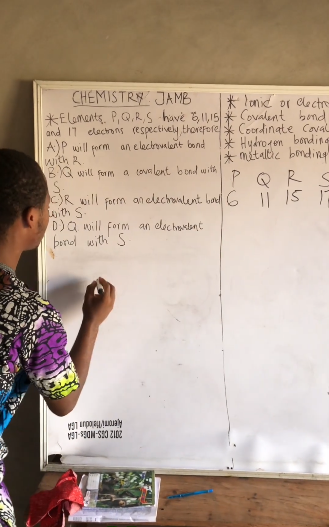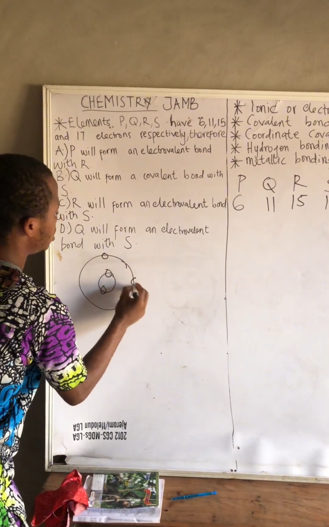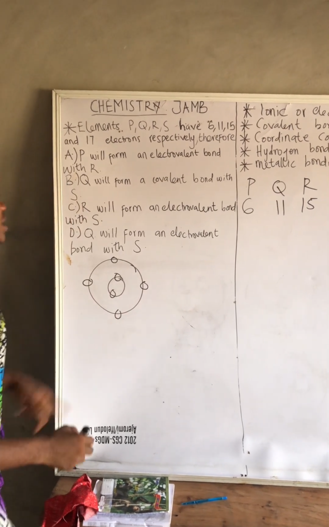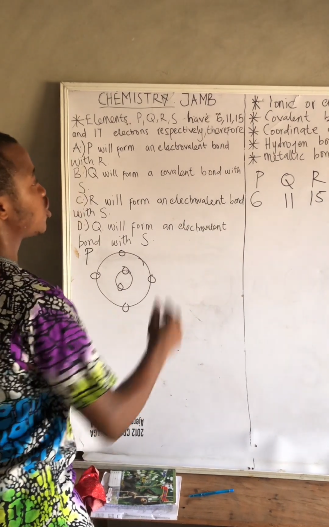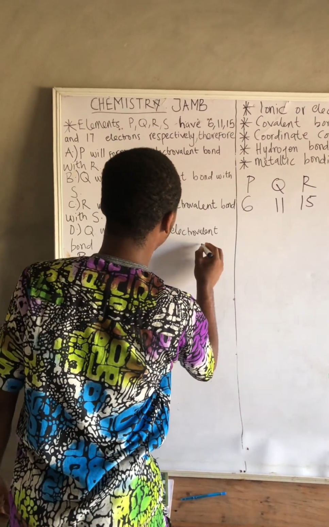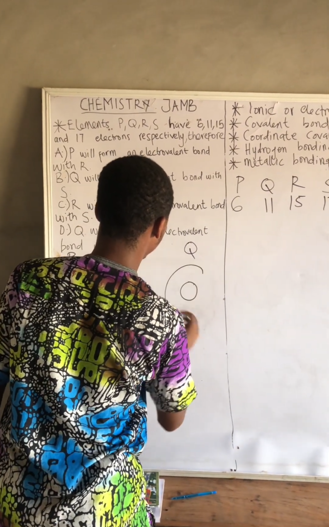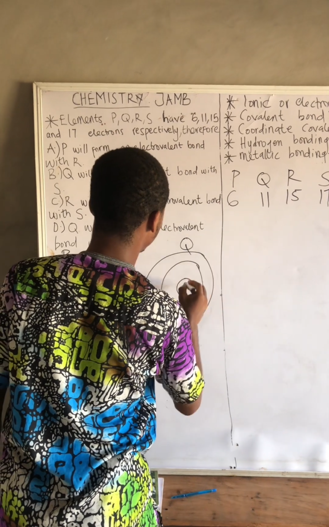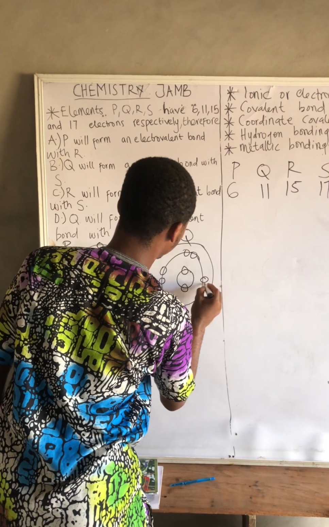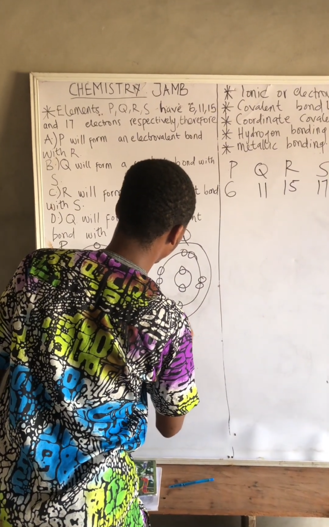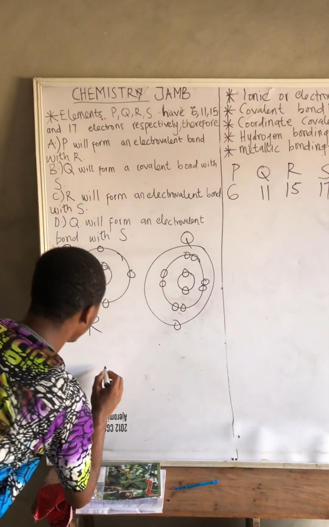P having 6 electrons. So let us draw the diagrammatic electronic configuration. You can see this makes 6 electrons in total. This is for P. While for Q, let us draw everything at once. For Q, they said Q has 11. This will be 10 in the shells because we need 1 valence electron. For R, let us draw for R. R has 15.